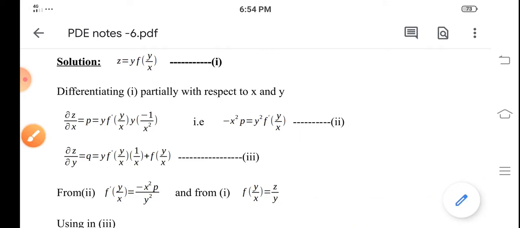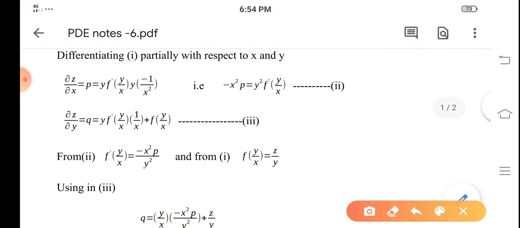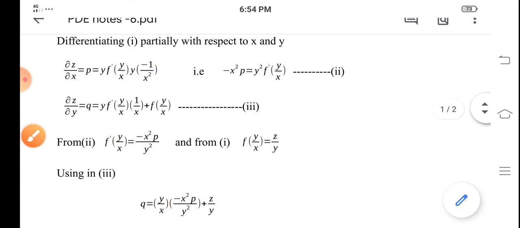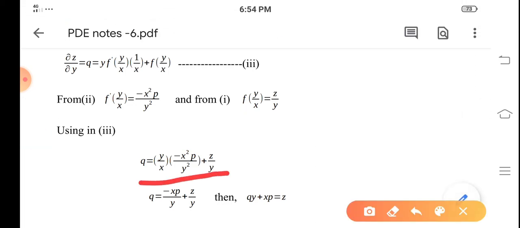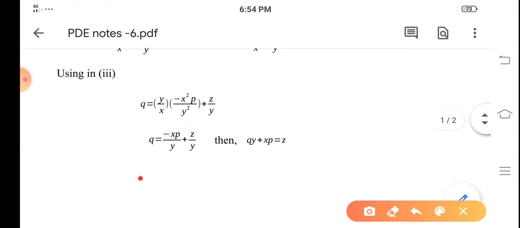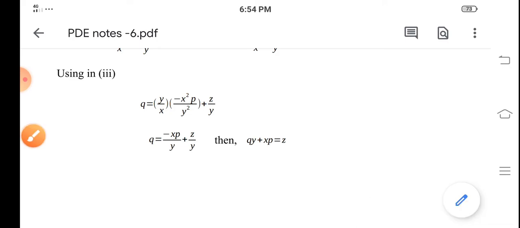Now using these in equation 3, because in equation 3 we have f dash of y by x and f of y by x, substituting for these two, we obtain q is equal to y by x into minus x square p divided by y square plus z divided by y, or q is equal to minus xp divided by y plus z by y, or it can be written as qy plus xp equal to z.